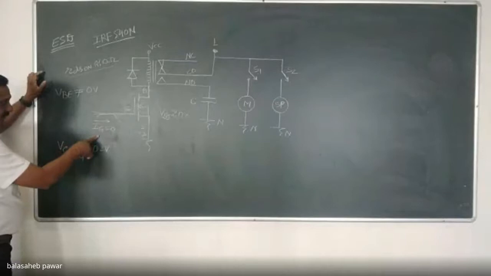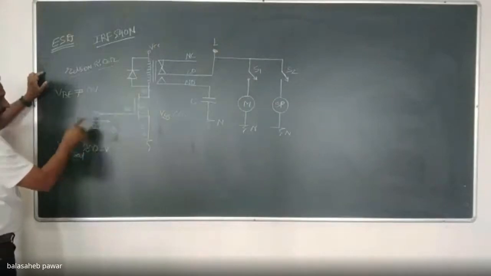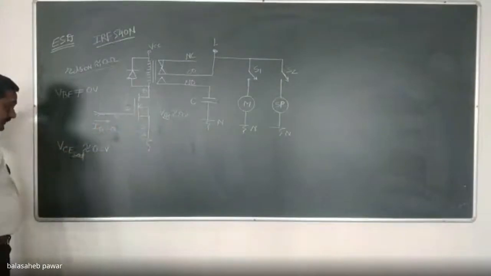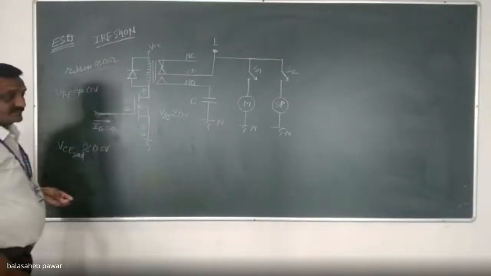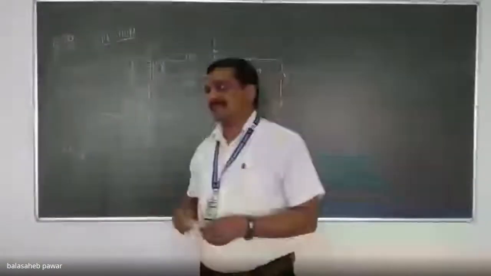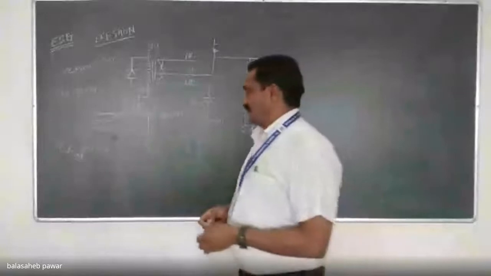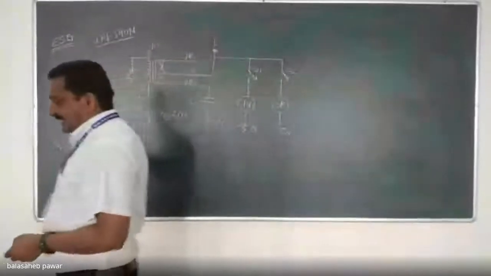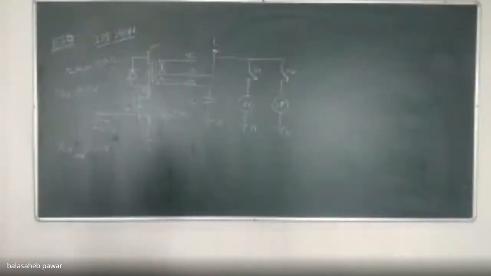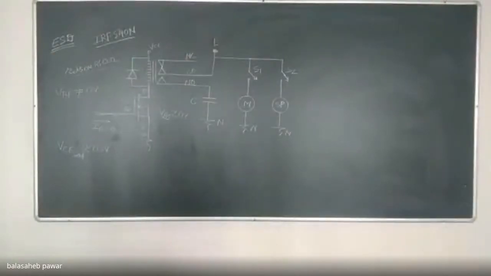In the case of MOSFET, as IG is always equal to 0, how much will be the voltage drop across gate to source? It will be 0 volts, as the input current always remains 0. So the power drop at the input side using a MOSFET, we can make it 0. While in the case of BJT, it is not possible, as there is a need of IB, the base current, and hence MOSFET will be best.